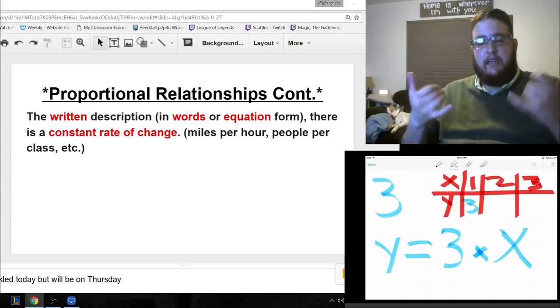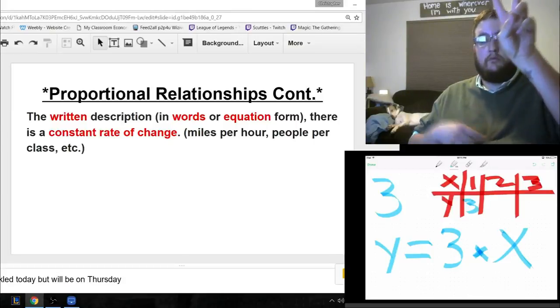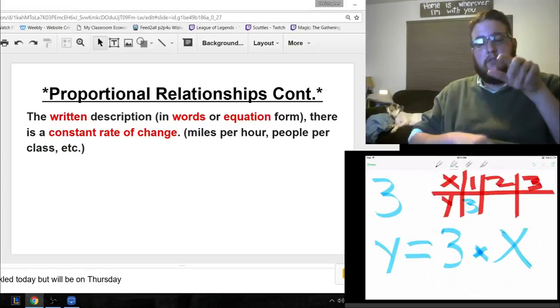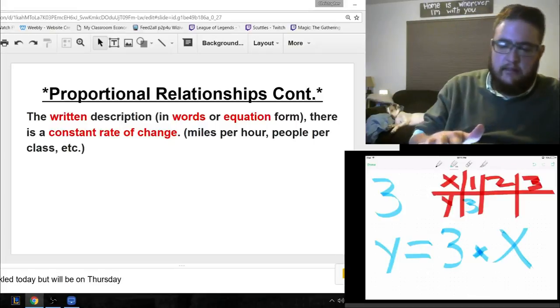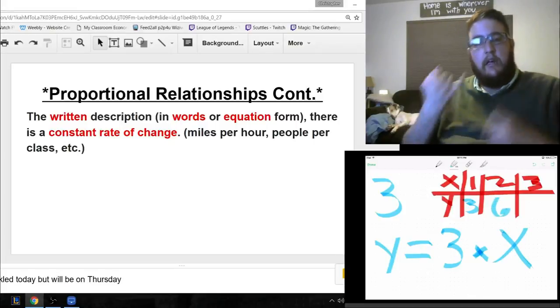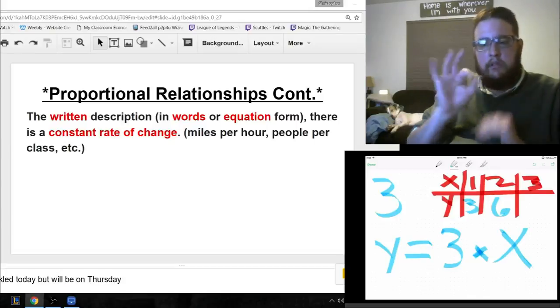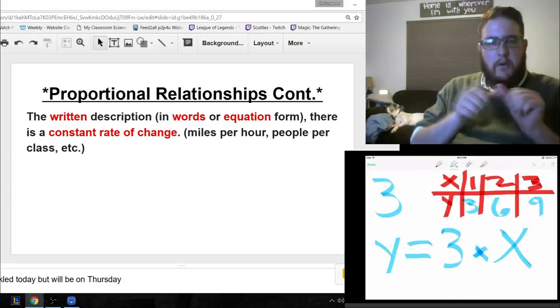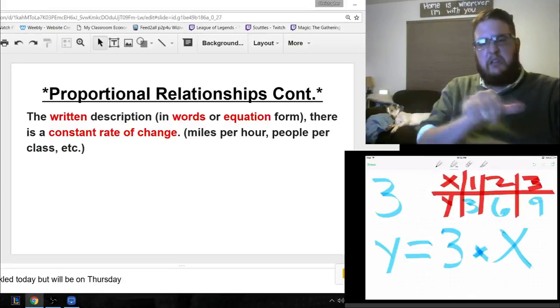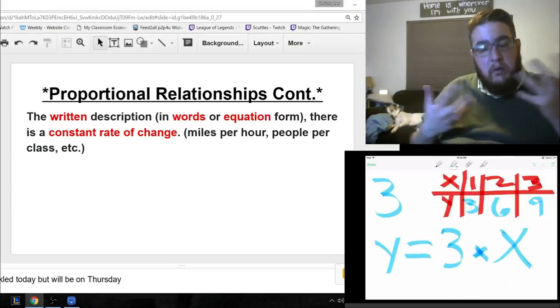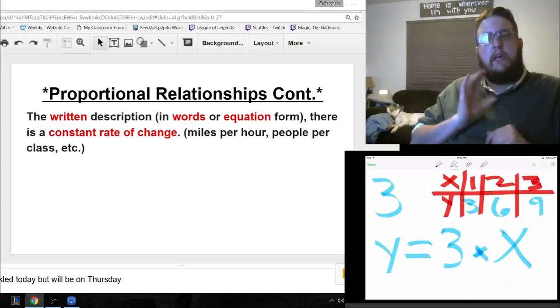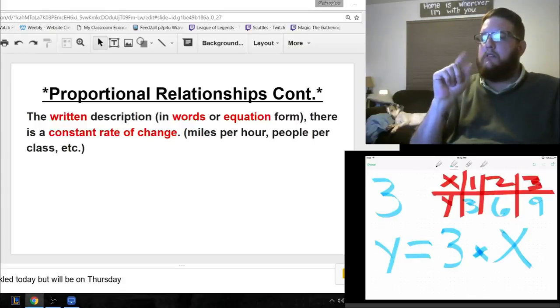So when you do 3 times 1, you're going to get 3, which is also the y value that we had before. Now we'll do the same thing for 2. Substitute the 2 in for the x. 2 times 3 is 6. And again for the 3. 3 times 3 is 9. So you'll notice that this is the same table we had before. That's because our constant rate of change was the same, 3, and we used the same x values we had on the table before.